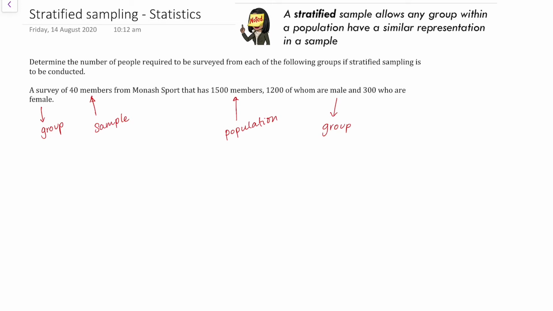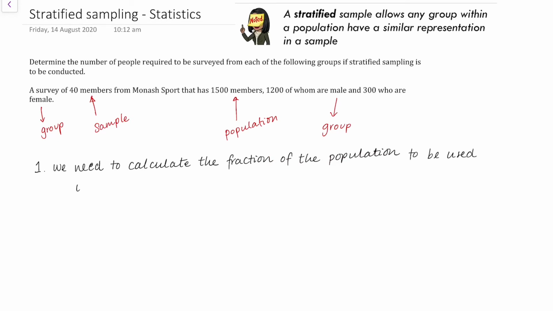So the first thing we need to do is to calculate the total population and determine the fraction of the population to be used in the survey. So I'm going to write that down. So let's take a look at this.